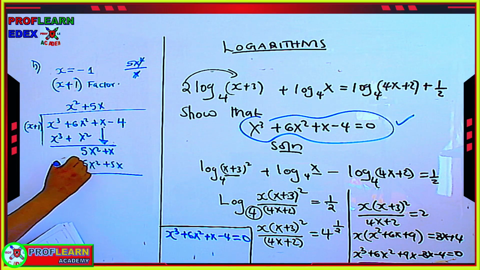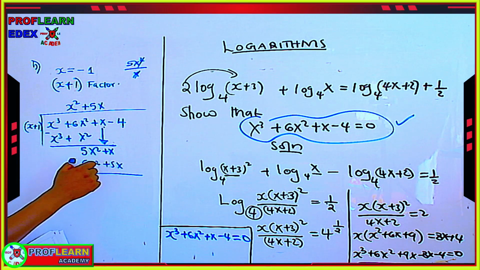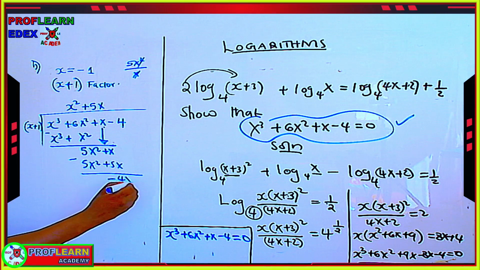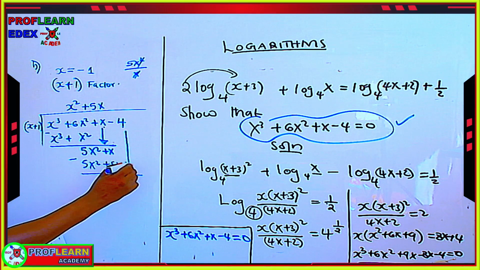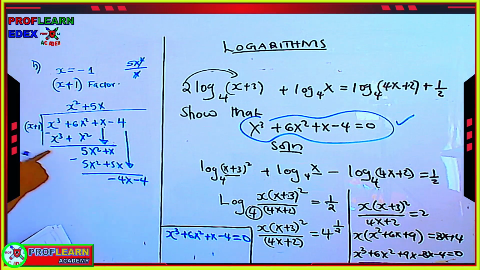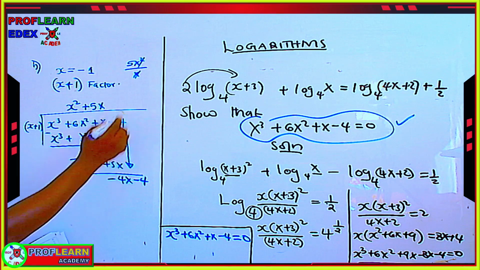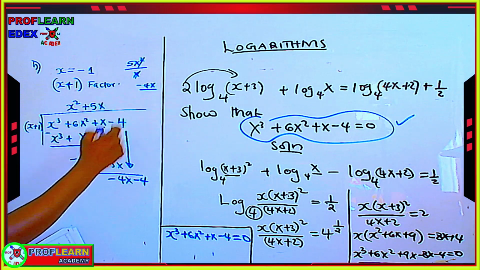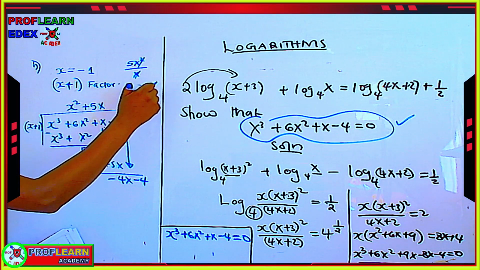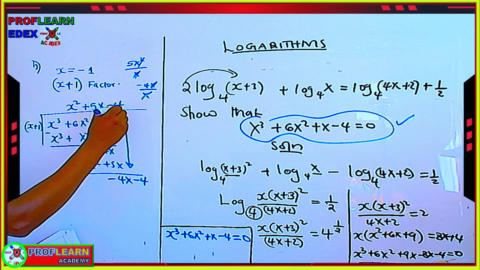Then we shall subtract again. So this will be 0. This will be negative 4x. And then we shall pull this minus 4 down. Then again, we take negative 4x, divide by this x. This will cancel. So we shall have negative 4 here.